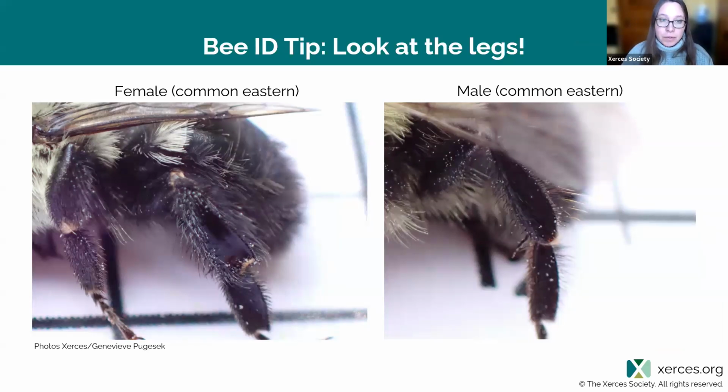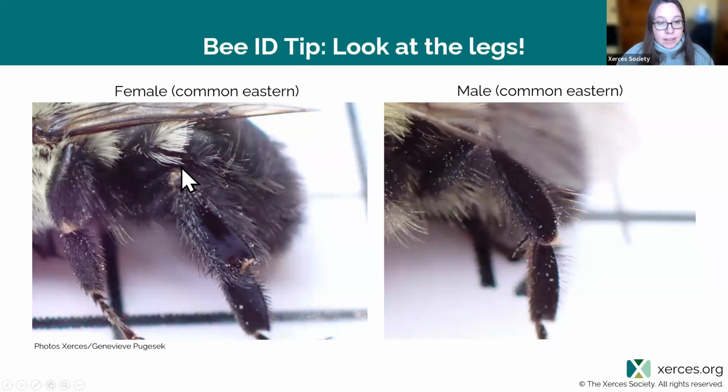Last week, when we were talking about differentiating between males and females, we talked quite a bit about looking for the pollen baskets on the legs of female bees for non-Xerces species. Just as a reminder of what that looks like, for female bumblebees that aren't Xerces or cuckoo bumblebees, what we want to look out for is that pollen basket.